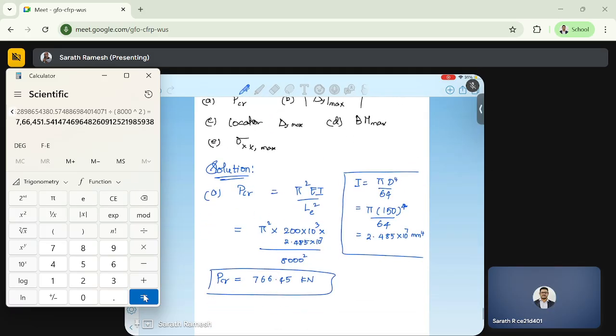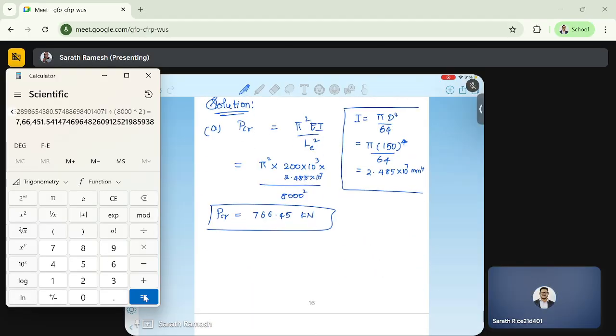Second, what is the maximum deflection, delta y max? The magnitude of the maximum deflection is, we know, e into 1 minus secant KL by 2. K is the square root of P by EI.